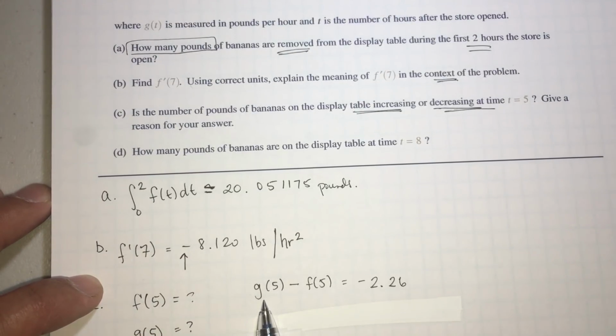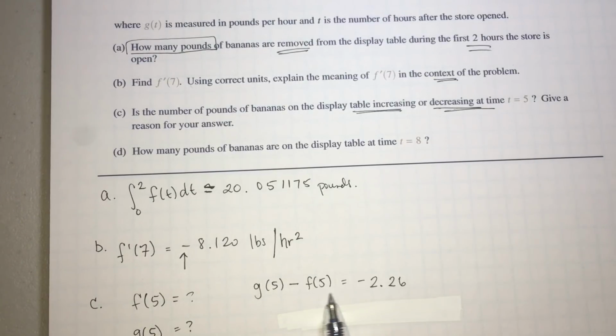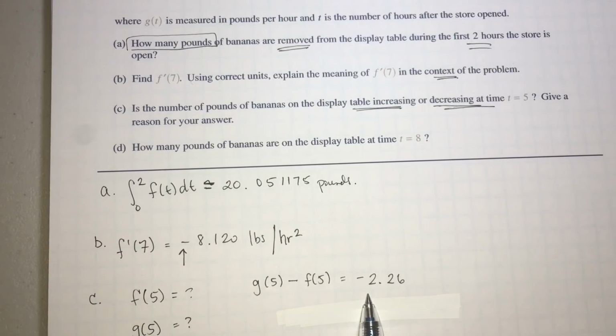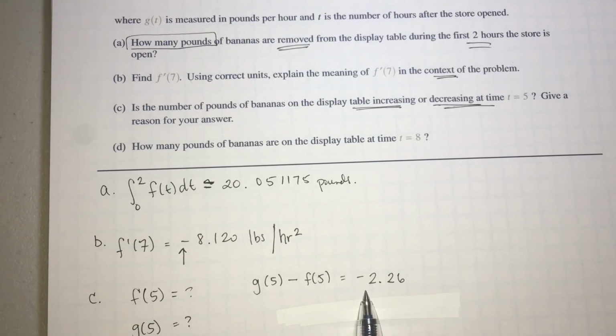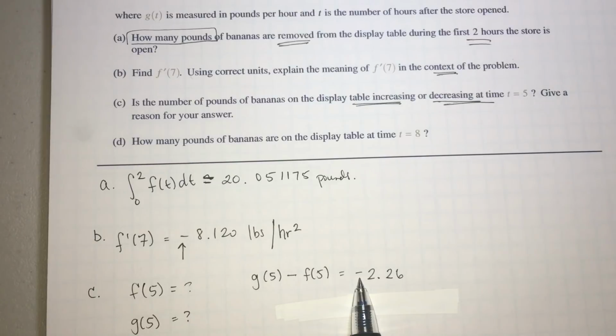Think about it. What's g of 5? The number going in. What's f of 5? The number of bananas being taken out. Because g of 5 minus f of 5 is less than 0, the number of bananas on the display table is decreasing.